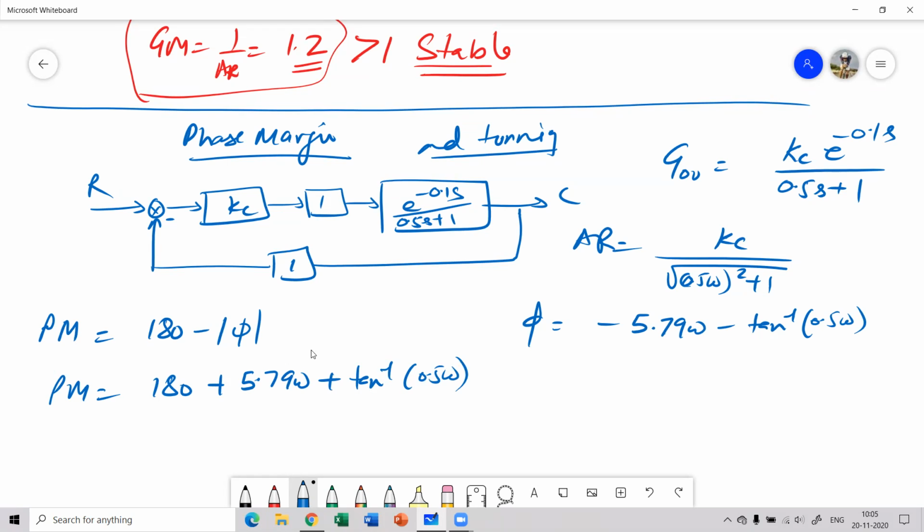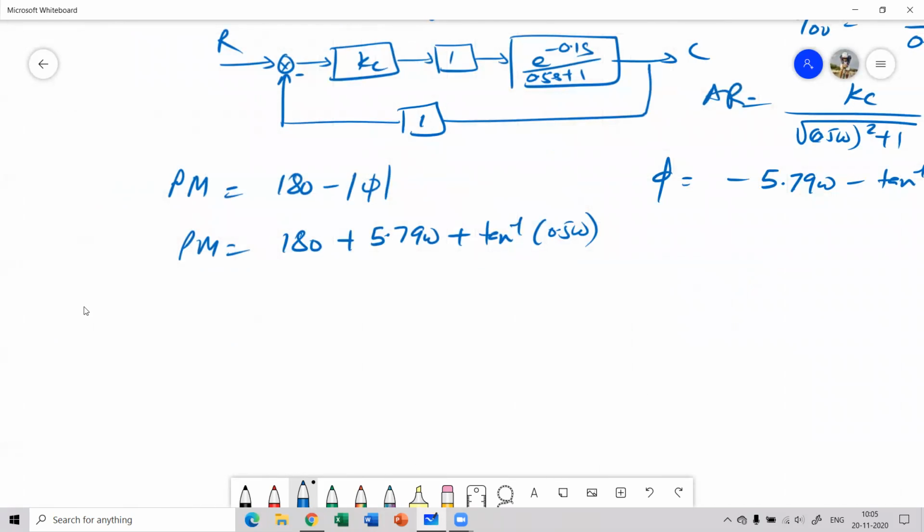Now for phase margin from design specifications, let's consider the minimum value of phase margin. It should be in the range of 30 to 45 degrees. Now let's take a phase margin of 30 degrees.